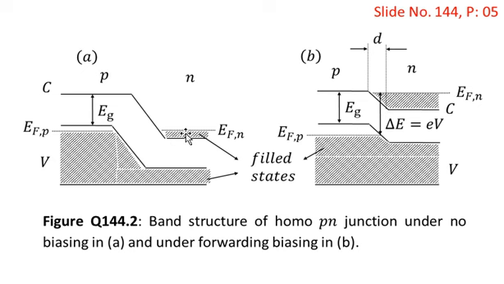So some electrons have also diffused into the junction region, and some holes from the p-type material have also diffused into the junction region.